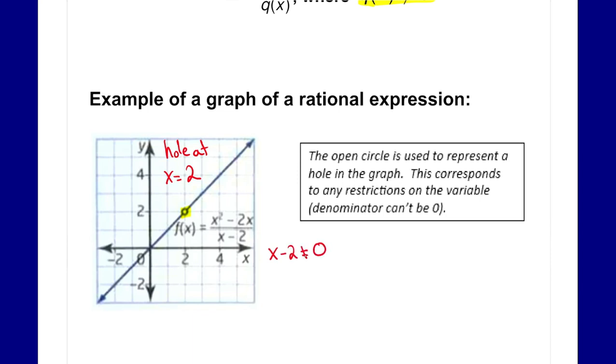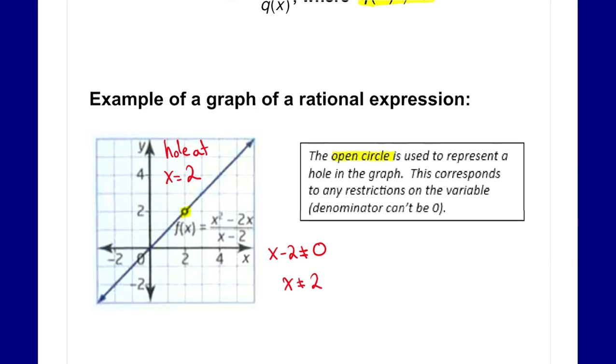Right? X minus 2 cannot equal 0, because if it did, that means we would have a fraction with a denominator of 0, which is not possible. So when we solve, we get x can't equal 2. It can equal everything else in this line, except it can't equal 2. So that is why we have an open circle.